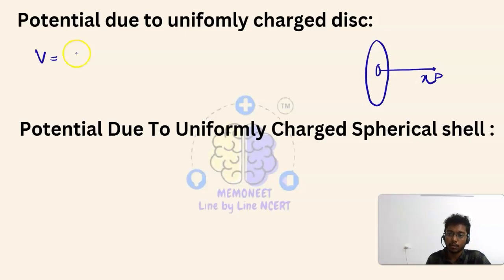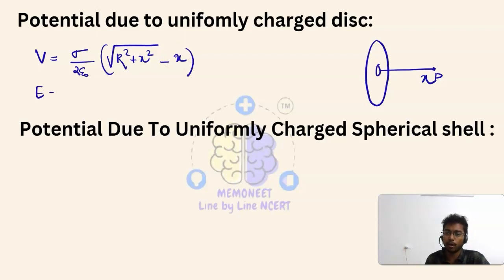So we have sigma upon 2 epsilon naught whole into under root of r square plus x square minus x. This is the potential. Do you know the electric field? If I have not covered this portion, you can directly read the formula here: sigma upon 2 epsilon naught whole into 1 upon x minus 1 upon under root of x square plus r square.